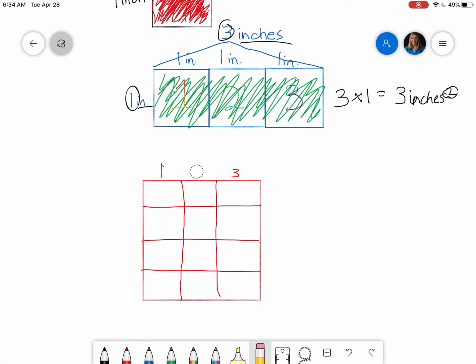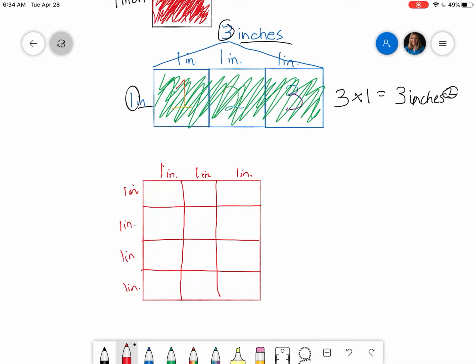Better yet, let's do it this way, it might make it a little bit more clear. I have 1, 1, and 1, right? These are each 1 inch. And then on this side, I have 1 inch, 1 inch, 1 inch, and 1 inch.